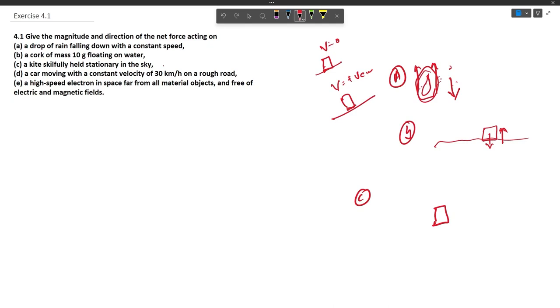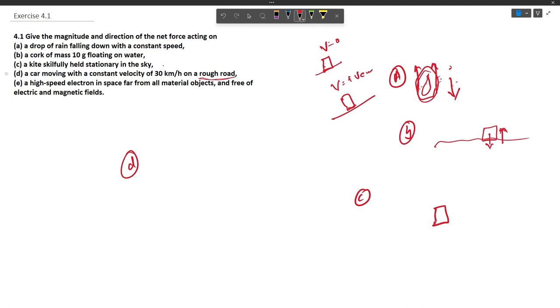Now, in the fourth option, we have a car moving with a constant velocity of 30 km per hour on a rough road. Here we see again that the velocity is constant, though the engine is pushing it forward. Also, due to the rough road, there would be a certain amount of frictional force acting from various directions.